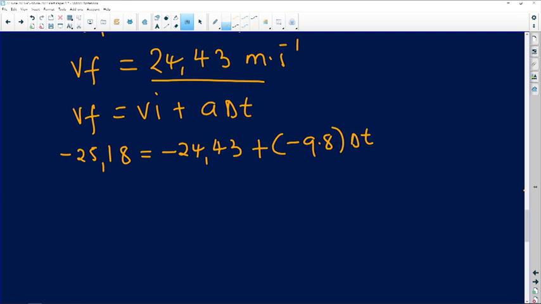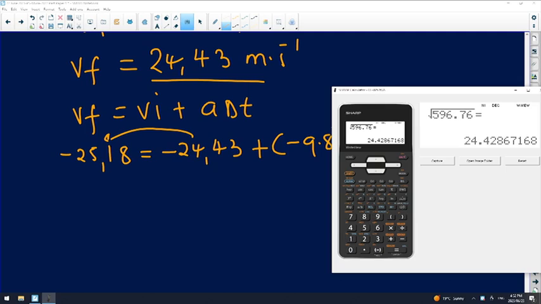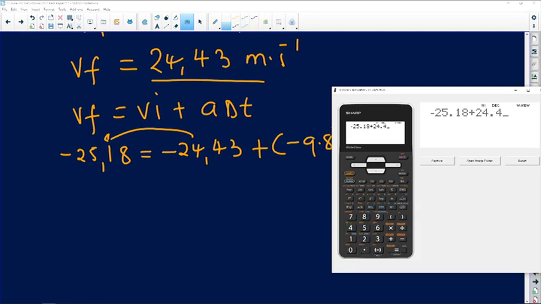Changing time. All right, so when we have this, we can take 24.43 to this side. It's allowed to do that. And therefore, what do we have when we take it to that side? We can go to our calculator and say negative 25.18, and this one will become positive 24.43.